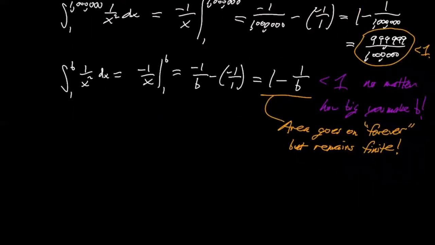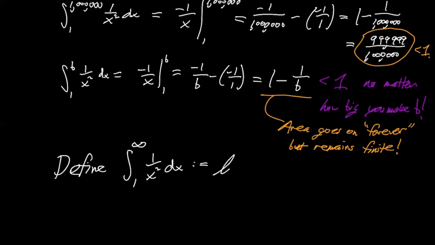So what we do is we actually define the integral from 1 to infinity of 1 over x squared dx. We define that by saying it's the limit as b goes to infinity of the integral from 1 to b of 1 over x squared dx.